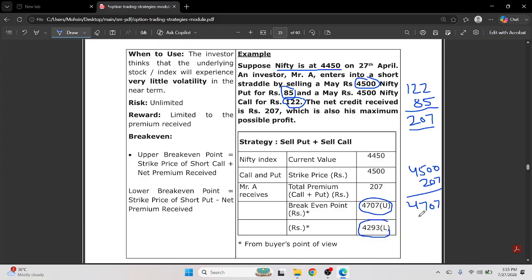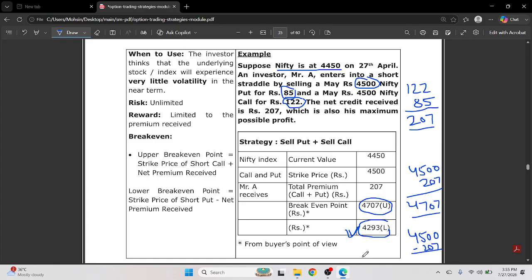If the market is not going to close above this level, we can make some profit. In the same way, if you subtract 207 points from 4500, you will get the break-even point on the lower side.